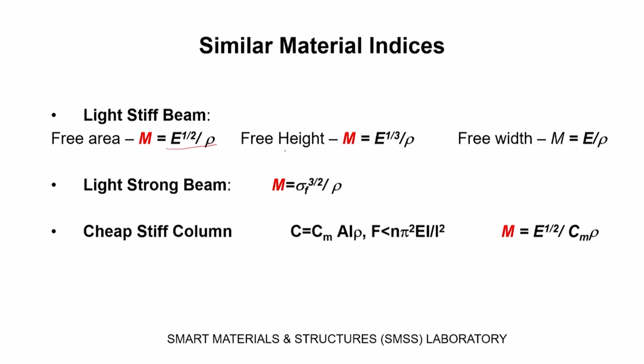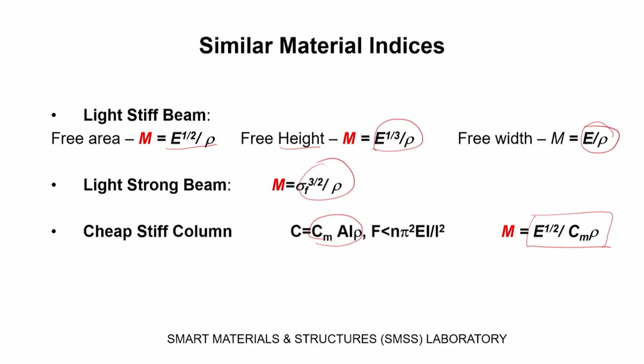If you consider height only as a free variable, it will become E to the power of 1/3 over rho. If you consider width, it will become E by rho. And similarly, from the strength point of view, a material property index is sigma f to the power 3/2 divided by rho. And if I consider a column member, then it is C M L rho, and material property index correspondingly is square root of E over C m rho.